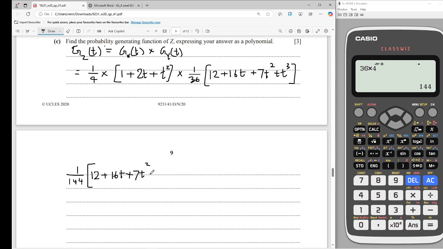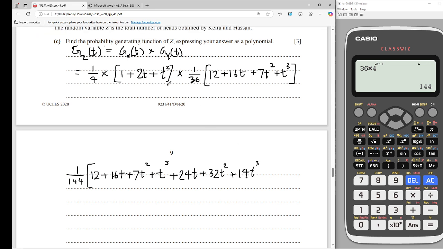Then 2t multiplied with everything: 2t times 12 is 24t, 2t times 16t is 32t squared, 2t times 7t squared equals 14t cubed, and finally 2t times t cubed equals 2t to the power 4.